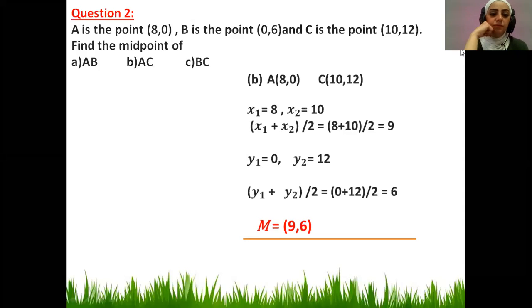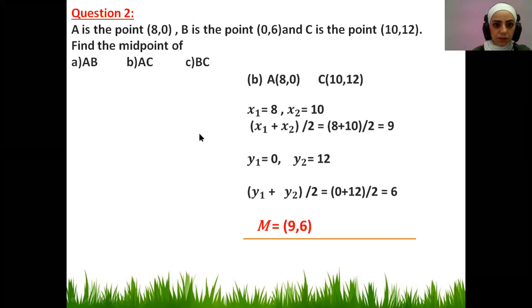So we're going to put 8 plus 0, and 0 plus 6. 8 plus 0 is 8, and then divided by 2, which is 4. Excellent. And 6 plus 0 is 6, and divided by 2 is 3. So the pair of the midpoint will be? 4, 3. Excellent, Jana.